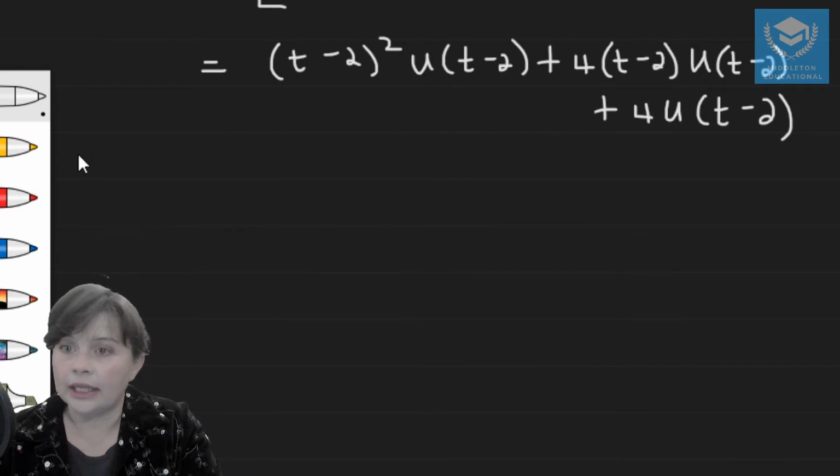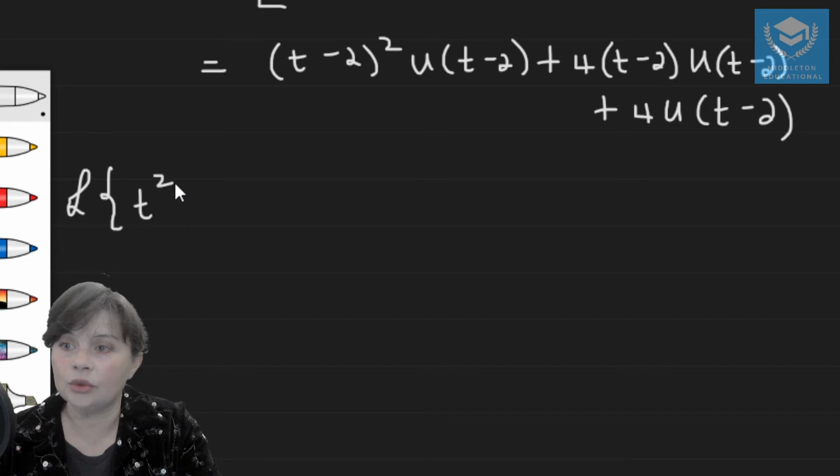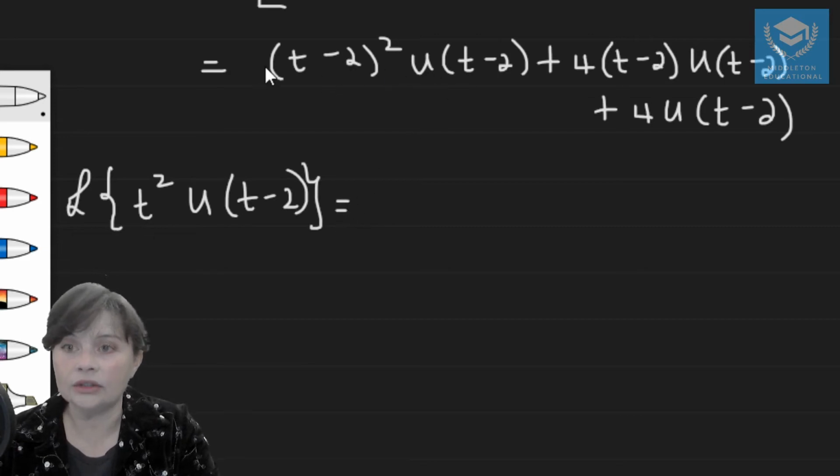So I'm going to take the transform of t squared u of t minus 2, and we've worked out that it's going to be the same as this function here, right?